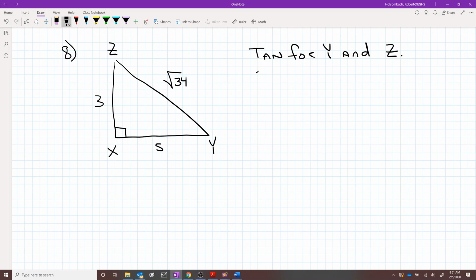Back to your acronym. Alright, tangent equals opposite over adjacent. That's the TOA portion of your acronym.